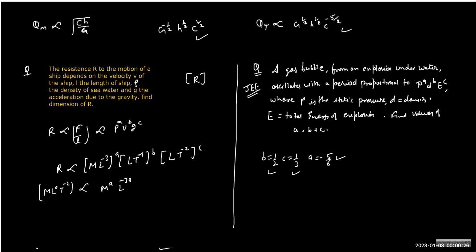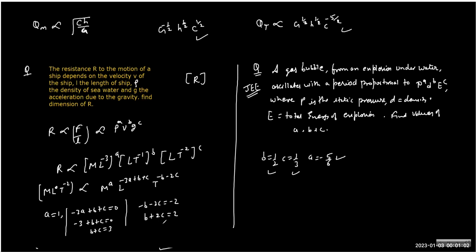If you compare, a equals 1 and minus 3a plus 0, and minus b minus 2c equals minus 2. And if I put a as 1, so minus 3. So b plus c is 3.